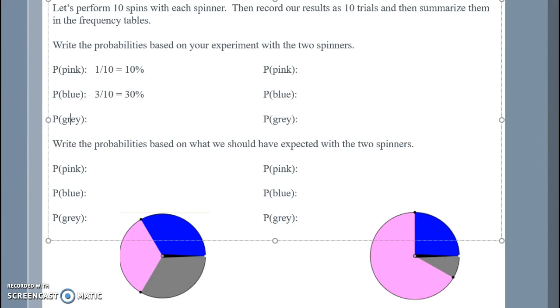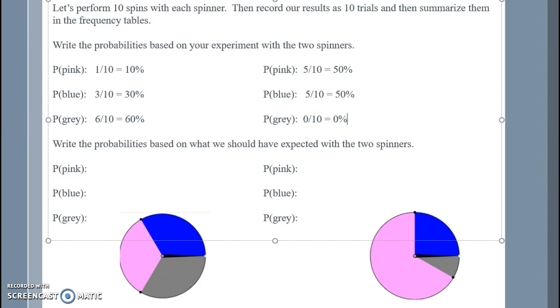And then the gray was 6 out of 10, or 60%. Okay. The pink and what I would say the unfair was 5 out of 10, which gave us 50%. And the blue also gave us 5 out of 10, or 50%. And then we had 0% for gray because we had 0 out of 10.